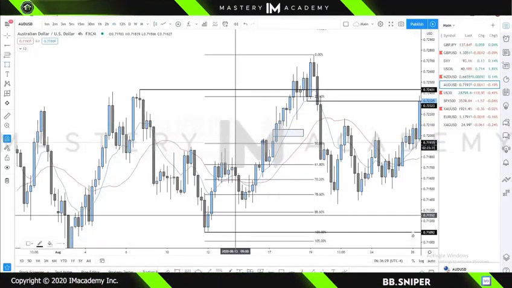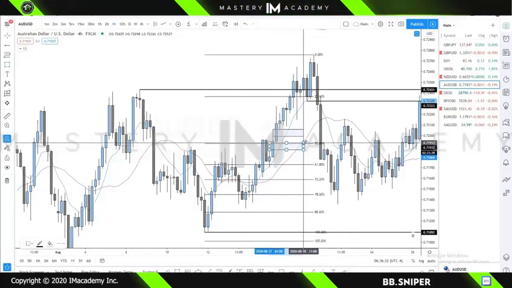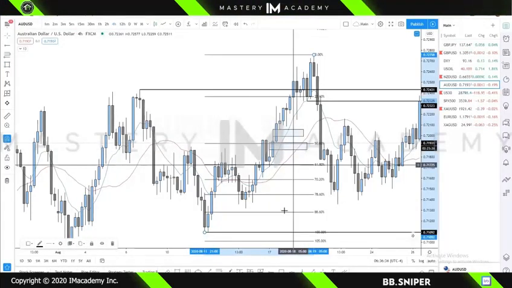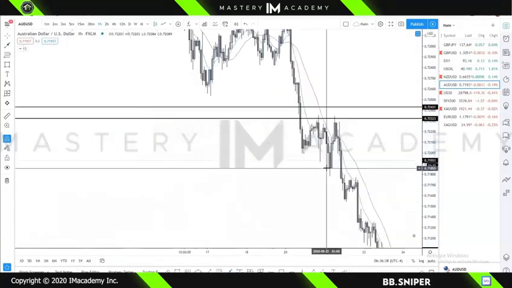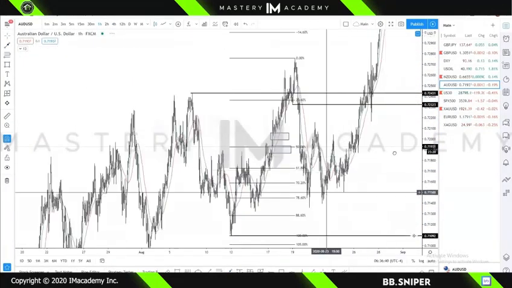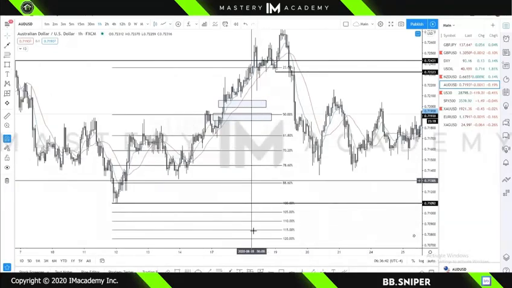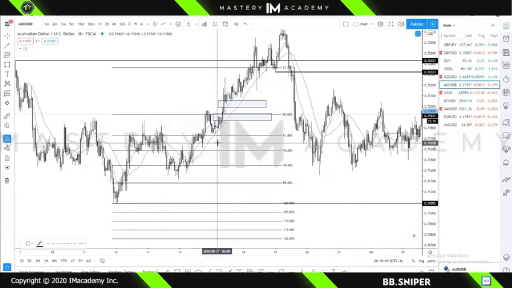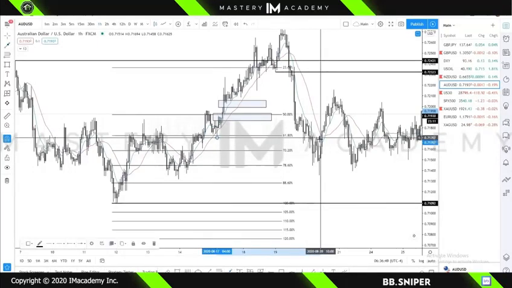I'll go one time frame down to show y'all. It captures this internal liquidity in the form of this low.